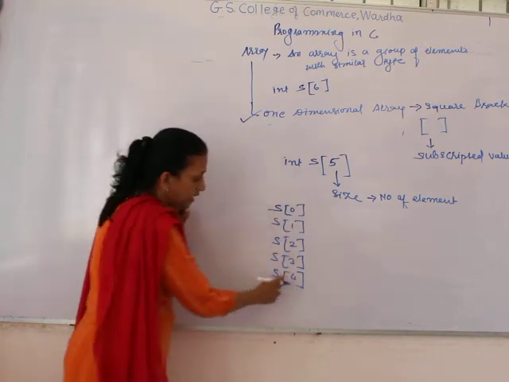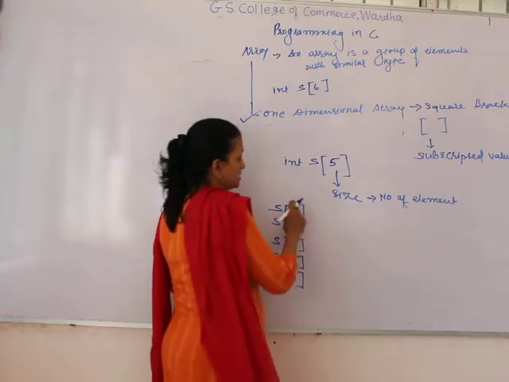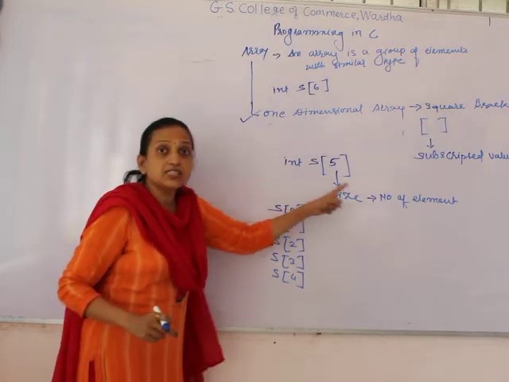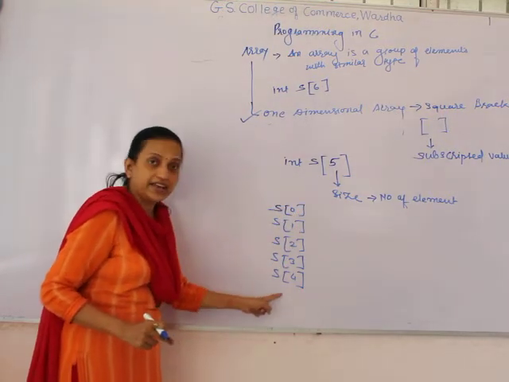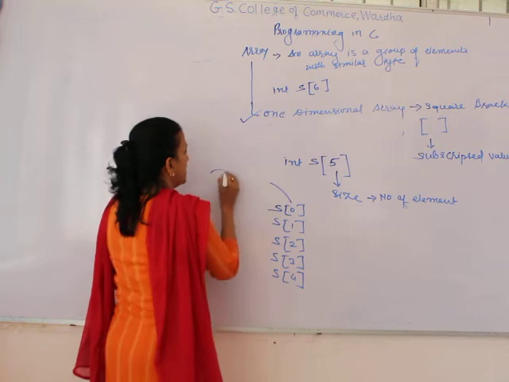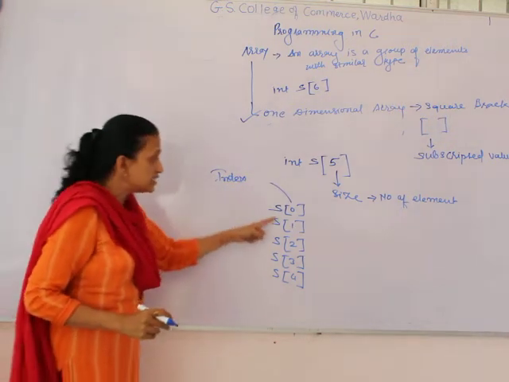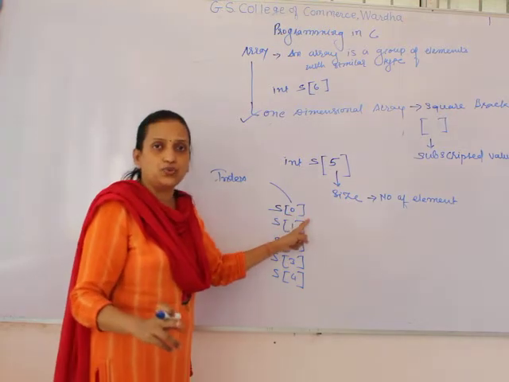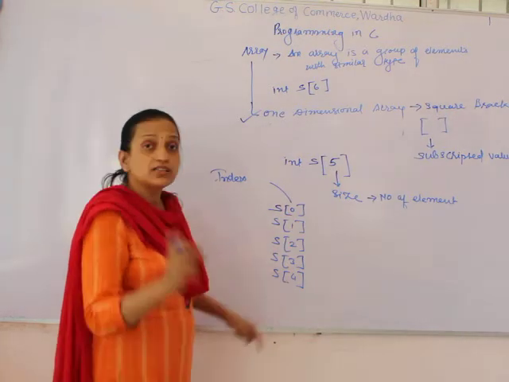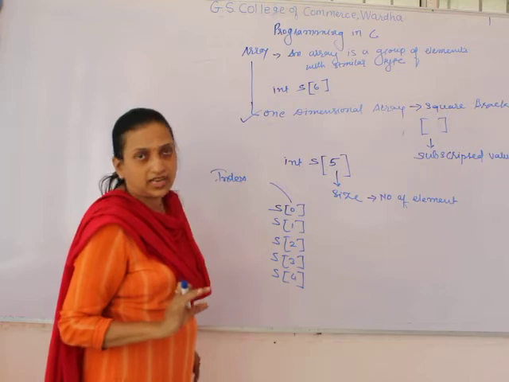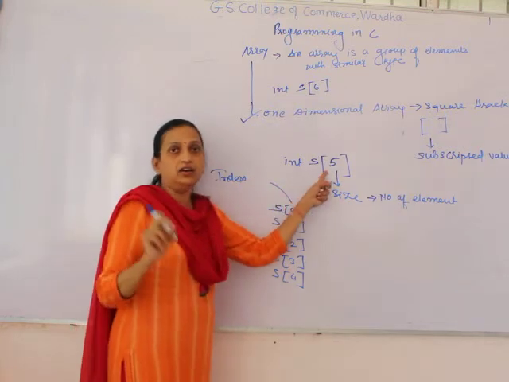So every element must be referred to by an index. This is known as the index of your array element, and this index always starts with 0 and ends at 1 less than the size you define here.